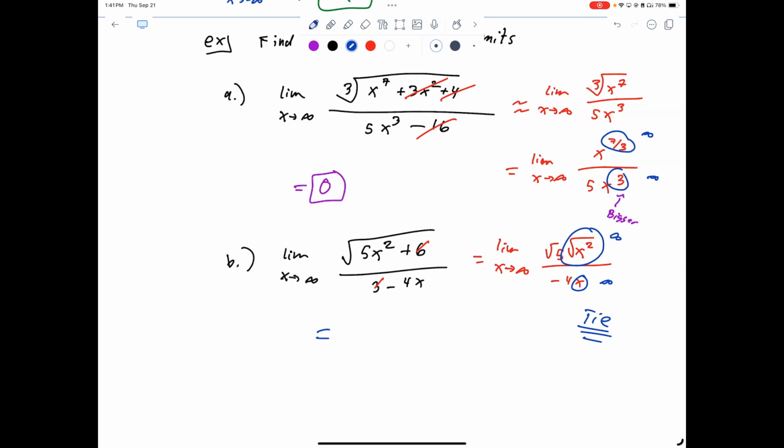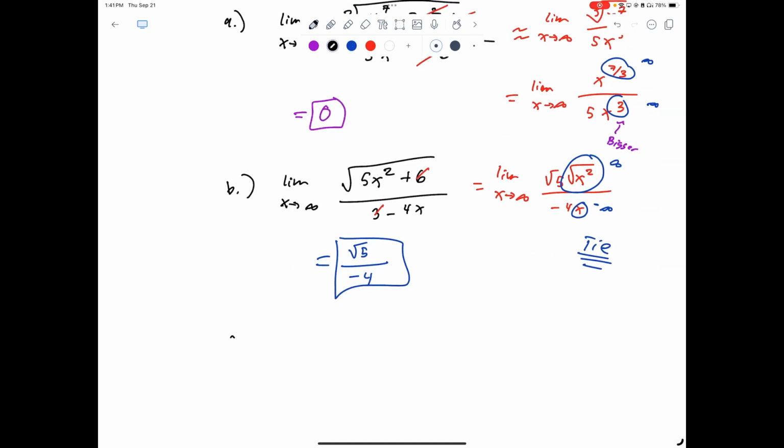So my answer is square root of 5 over, and that's my answer. Sorry, the bottom, please note the bottom goes to negative infinity, not positive infinity. So that's why I know my answer should be negative. Does that make sense?